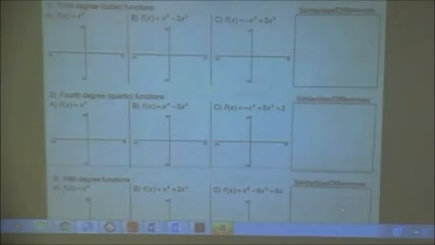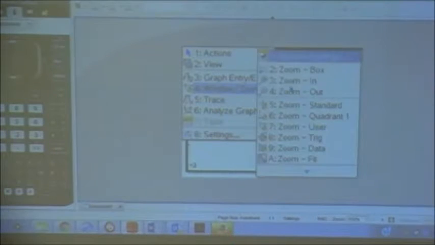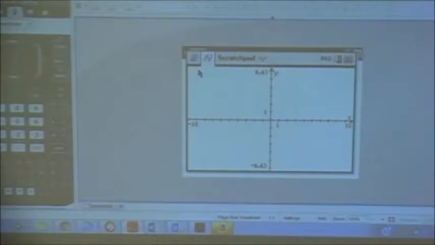Well, when you plug x cubed into your calculator, which by the way is the cubic parent function, it's not all that clear that there are 2 bins.